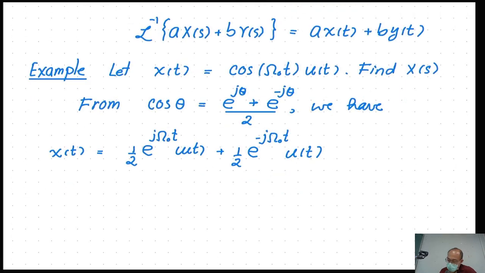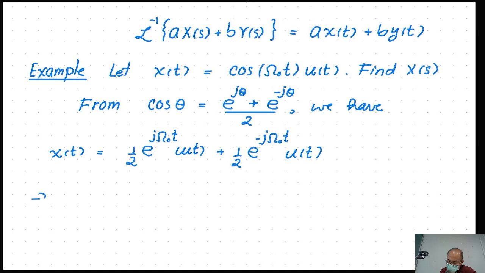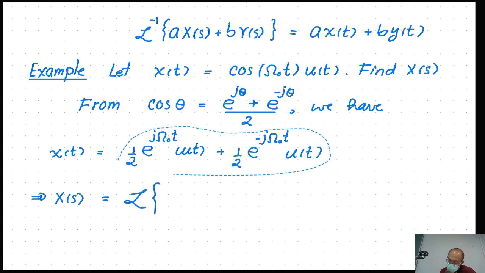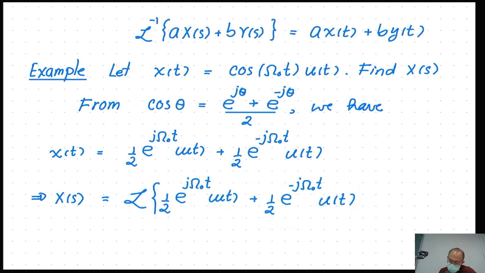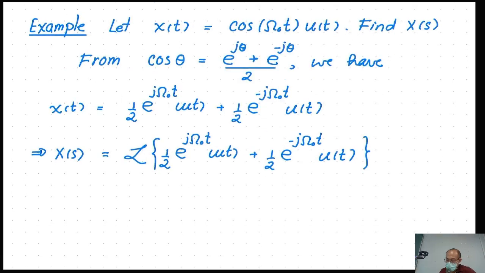And then we have X(s), which is the Laplace transform of the whole thing here. I'm going to make a copy and paste it here to save some time. Then I can use the linearity property.